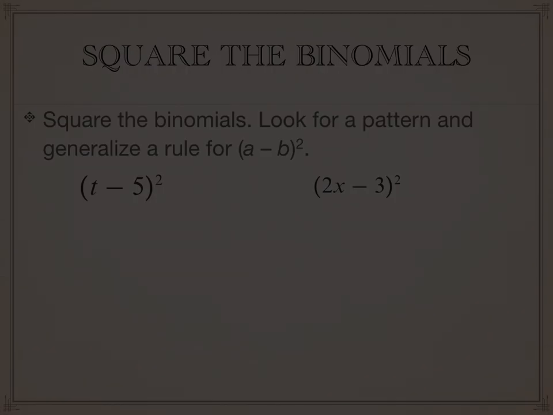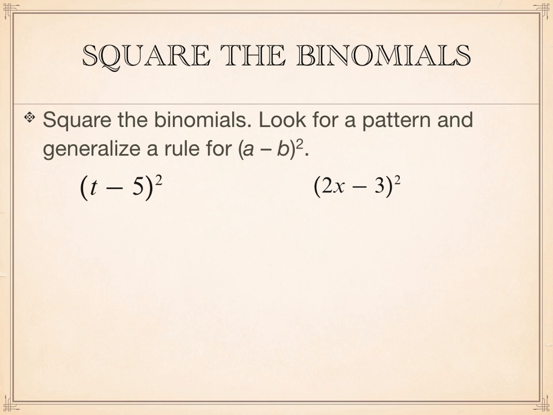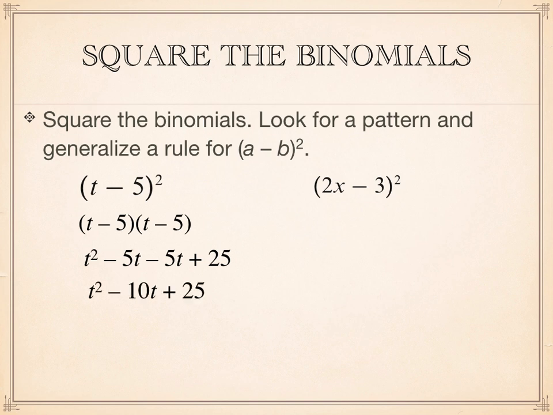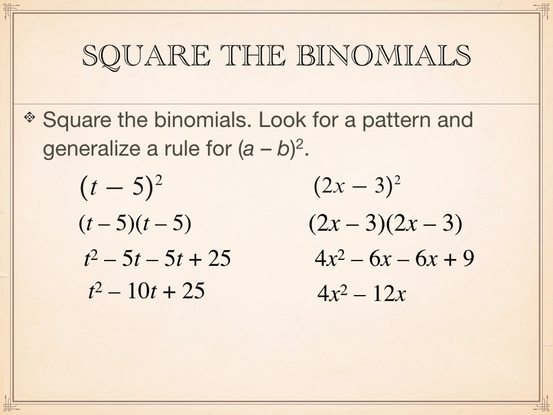Right, so let's do something similar for a minus b quantity squared. So t minus 5 quantity squared becomes t squared minus 10t plus 25. 2x minus 3 quantity squared becomes 4x squared minus 12x plus 9.